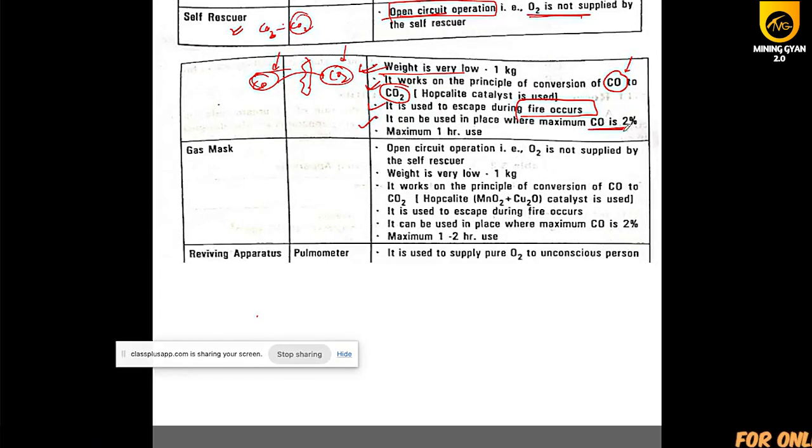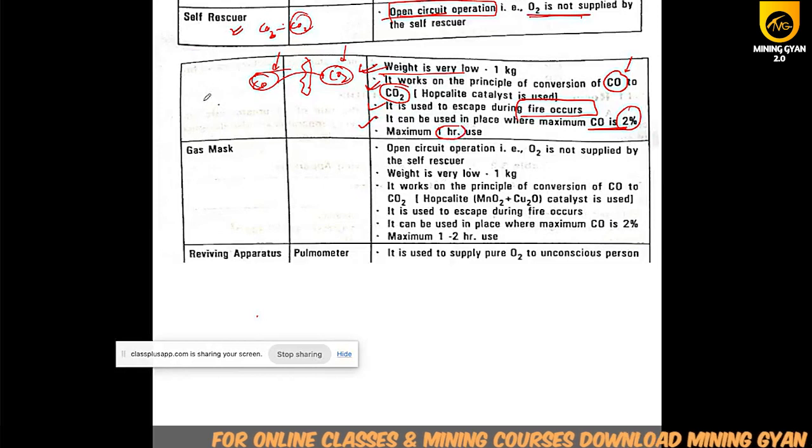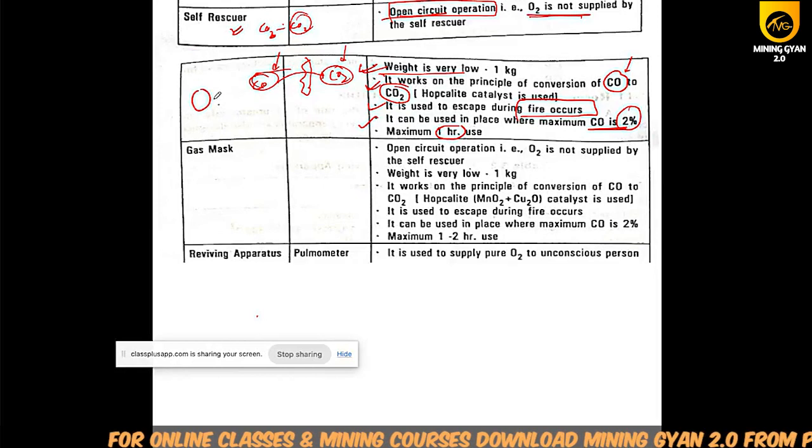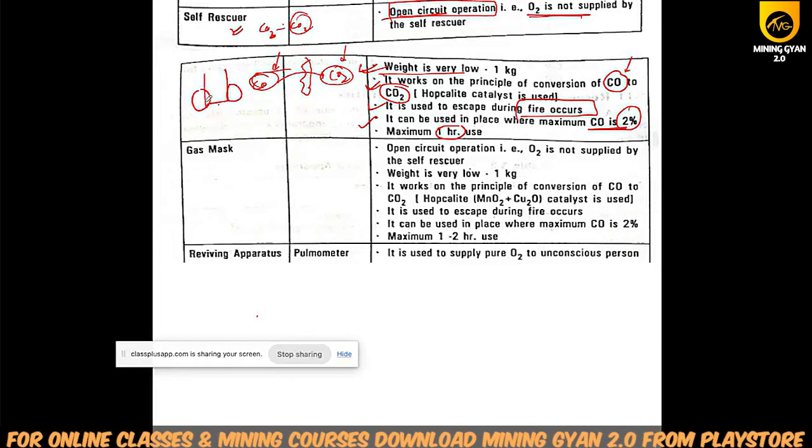You can use a self-rescuer where carbon monoxide is present up to 2%, and you can sustain in that environment up to 1 hour. Why 1 hour? Why not more? There are filters in that self-rescuer that can only convert carbon monoxide to CO2 for up to 1 hour. After that, the filter may be damaged. So it is suggested to use the self-rescuer for a maximum of 1 hour.